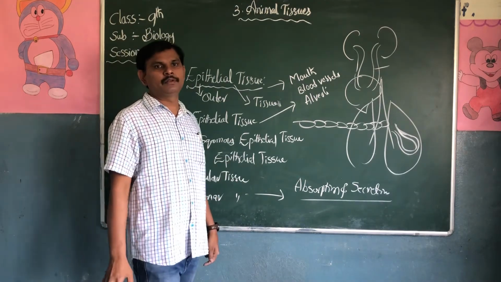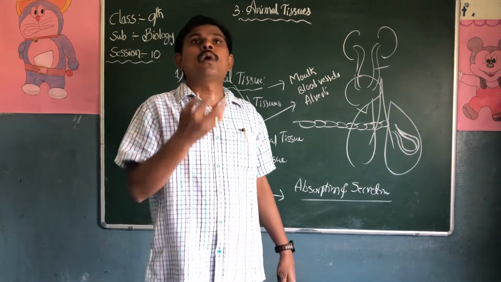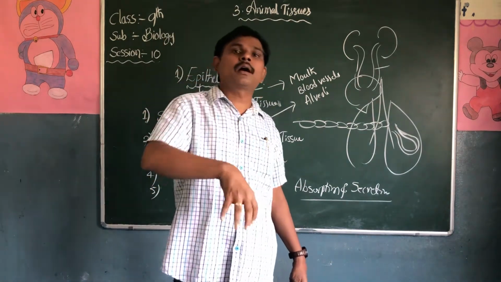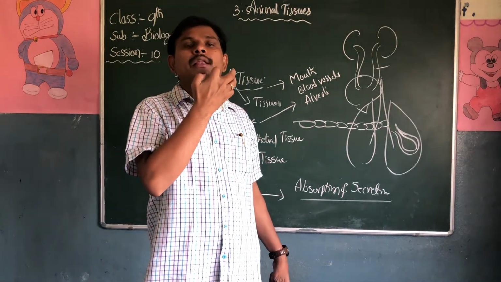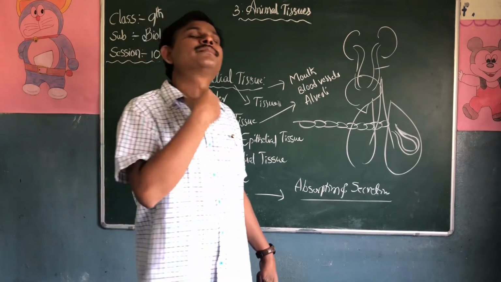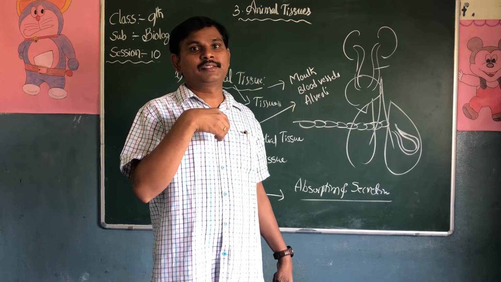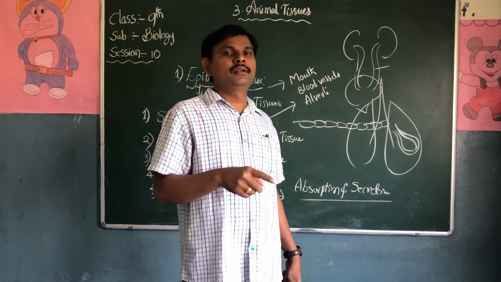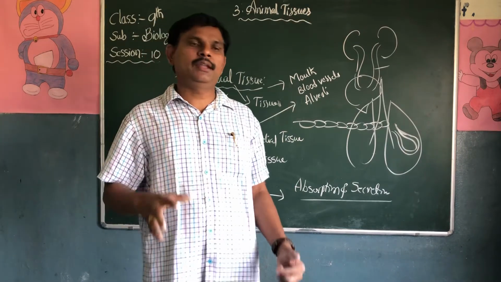Absorption. For example, observe the stomach. How does food enter the stomach? By the mouth, buccal cavity, pharynx, esophagus, to the stomach, then duodenum, small intestine, large intestine, rectum, anus.